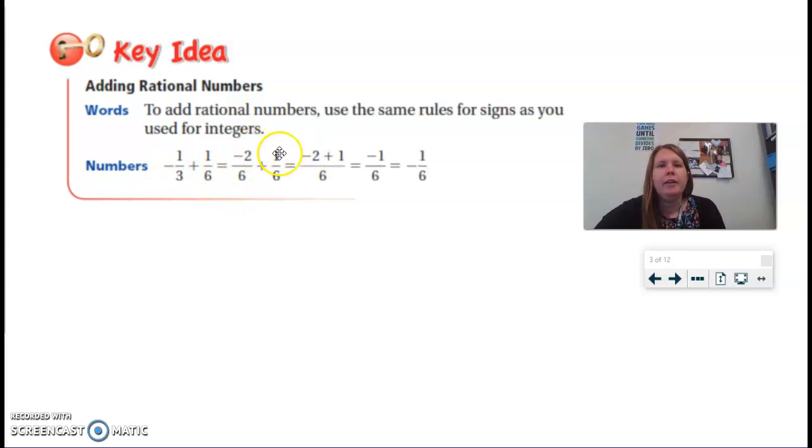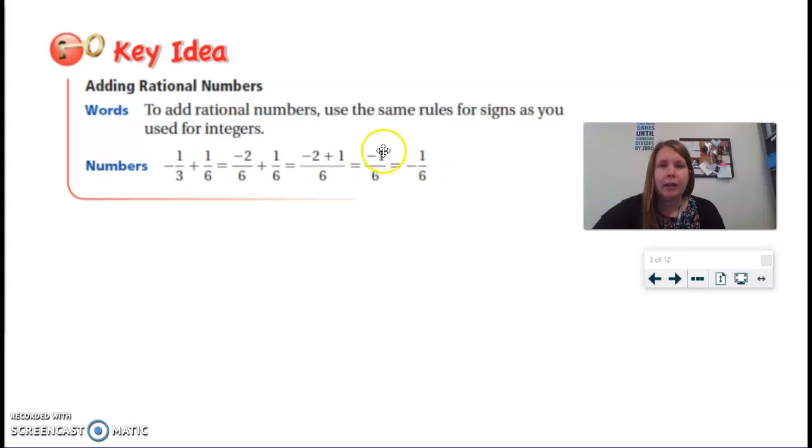Then I want to add. Well, 6, we don't add the bottom. This denominator stays the same. We only add the top part. So we have negative 2 plus a positive 1. They are opposite signs, so we end up subtracting them. The absolute value of negative 2 is 2, the absolute value of 1 is 1, 2 minus 1 is 1, and I keep the sign of the larger absolute value, which is negative 1.